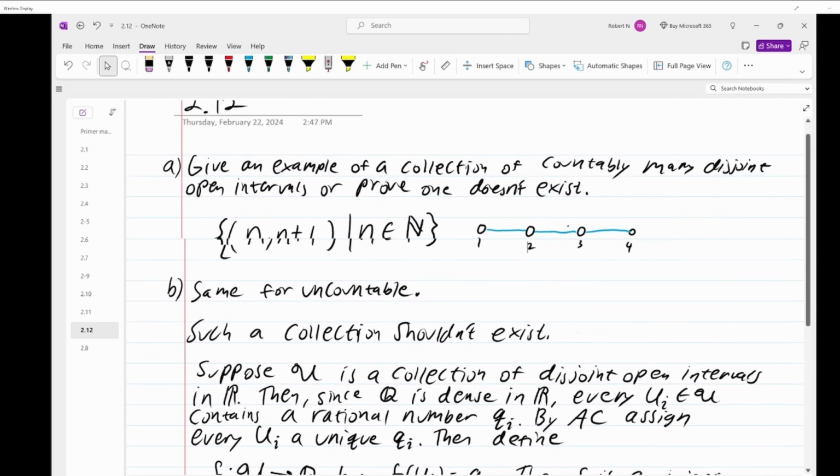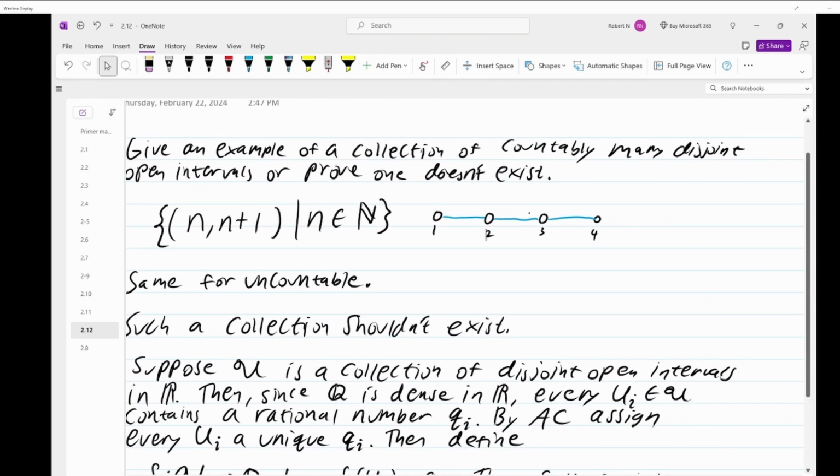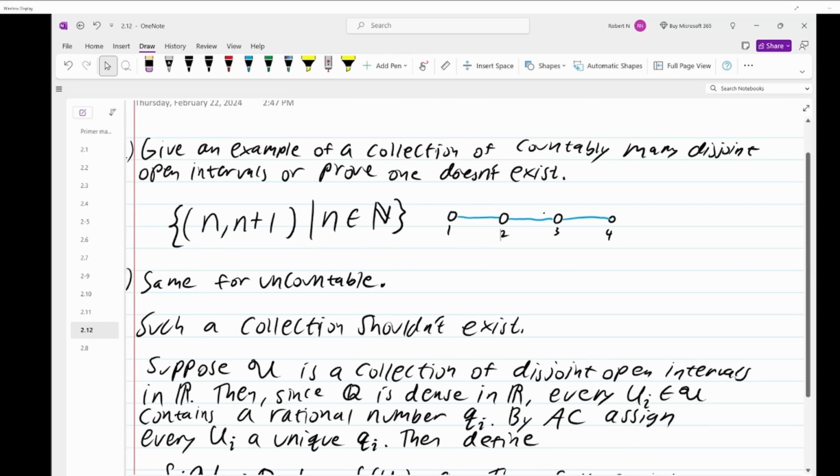Suppose that script U is a collection of disjoint open intervals in R. Just a collection of disjoint open intervals. Are you on board so far?